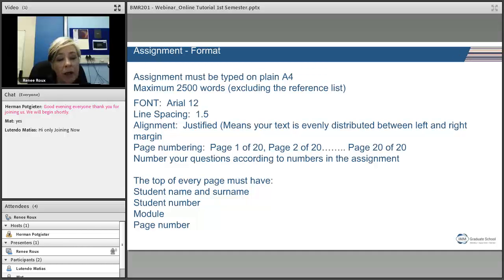The way you need to number your page is page 1 of however many pages your assignment is. So if your assignment is in total 20 pages, then the first page is page 1 of 20, page 2 of 20, and the last page, page 20 of 20. So make sure that you follow the right format for the page numbering.